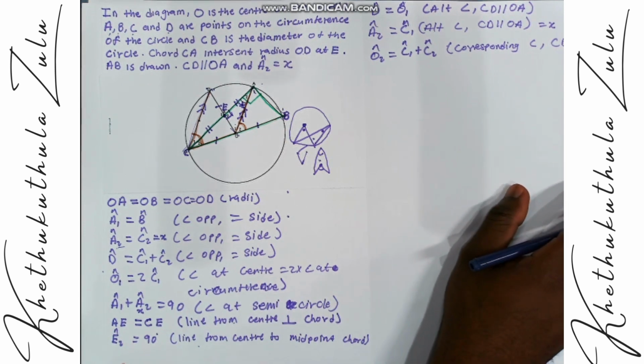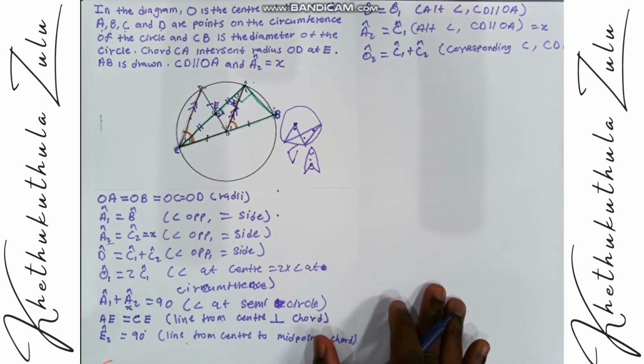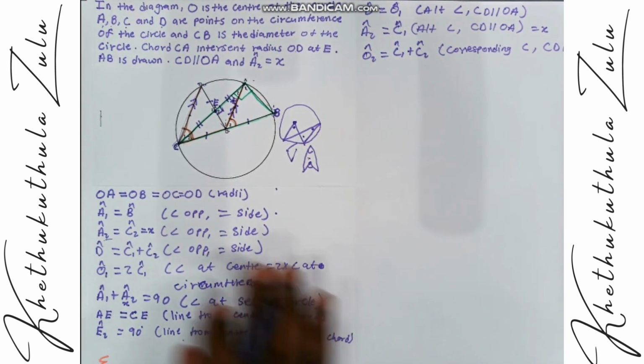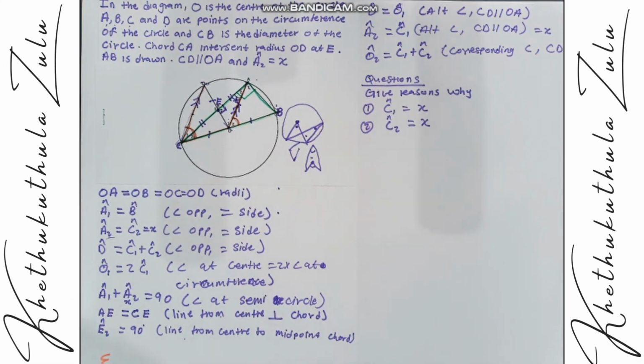We're going to move on to questions and see that everything that we wrote here is going to be one of our answers in the question. This thing, to master it, practice, guys. Going to the questions now.